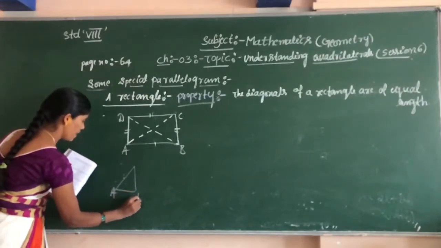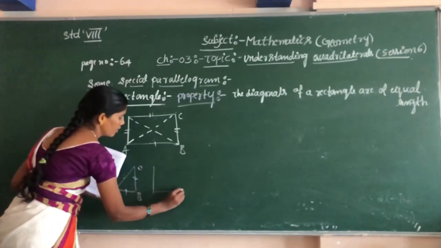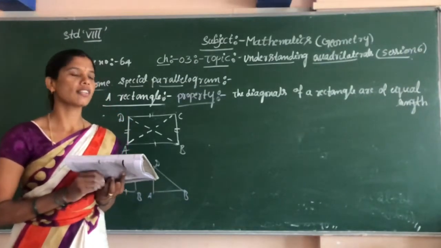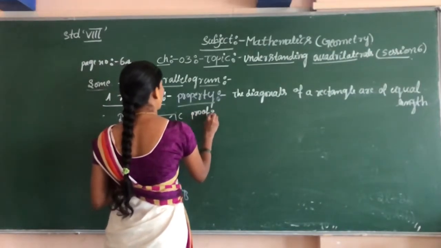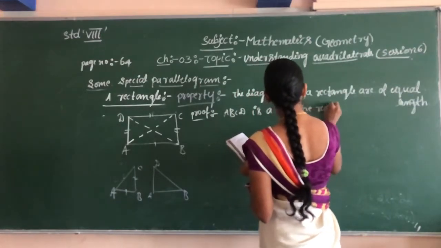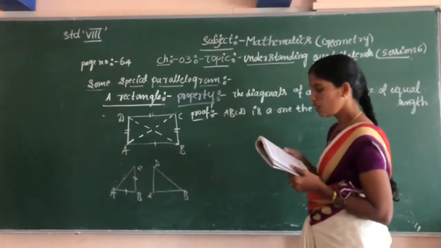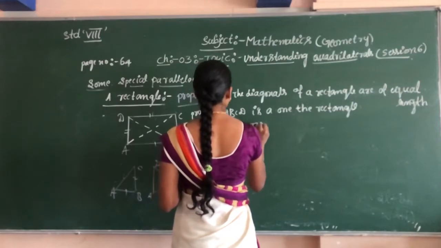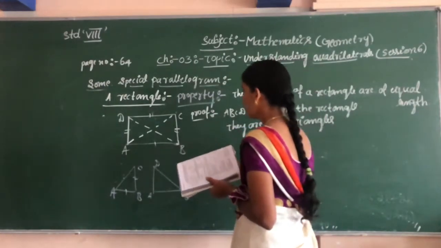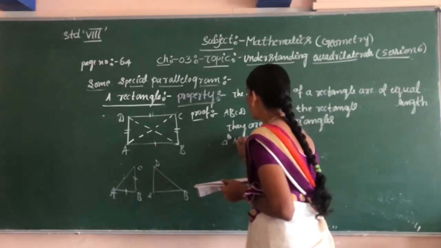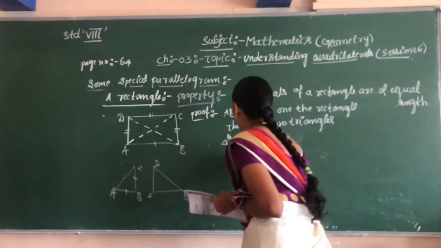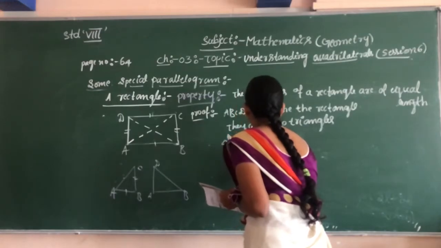First one is triangle A, triangle ABD. Why?